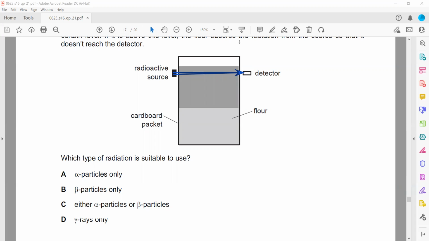So as a result, the amount of beta particles detected will decrease. So we can identify that the level of the floor is above the marker. So the most suitable source here is a beta source. So B will be the right answer.